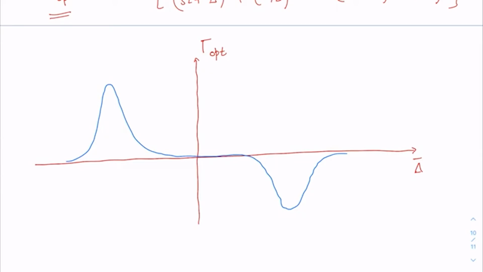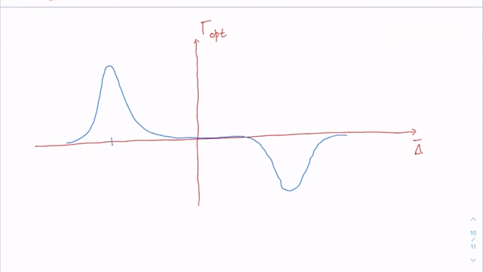Okay, this is what we are going to get, and this peak would be at minus omega, and here it would be at plus omega, and the full width at half maximum. So we are getting basically two peaks, one in the upward direction, the other in the downward direction, as you can see, and this full width at half maximum is given by kappa. So we are getting a sharp peak, and this is the plot when the cavity decay rate kappa is much smaller than the resonance frequency of the oscillator.